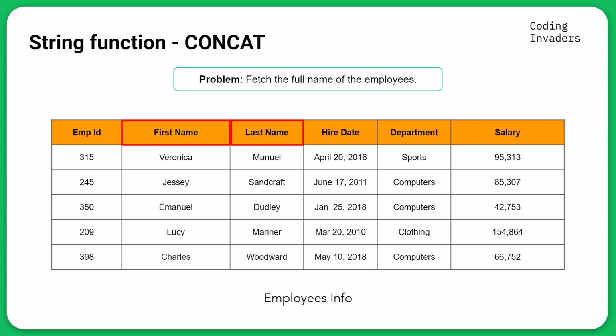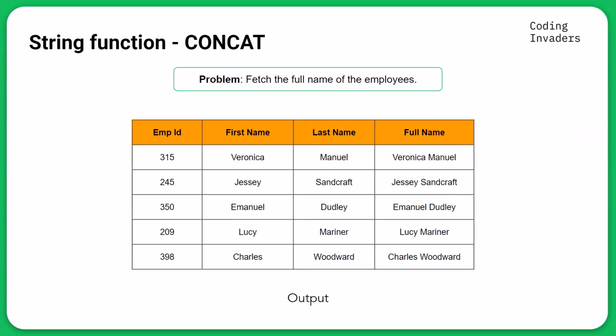We need to join these 2 columns to get the full name output. That is, when we concatenate the column first name and the last name, we will get the full name. For example, the first row, the first name is Veronica, the last name is Manuel. Now concatenate these 2 columns, we'll get the full name, that is Veronica Manuel.